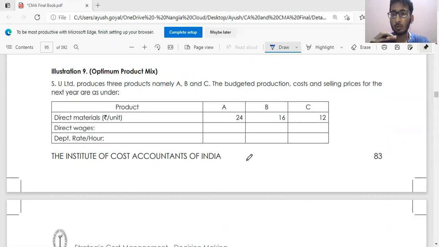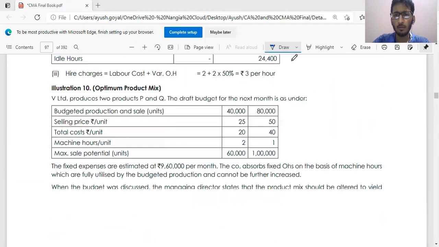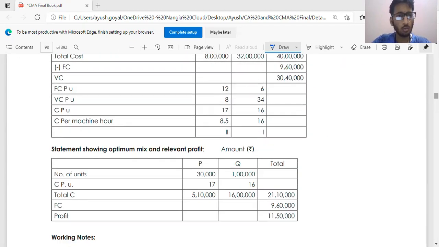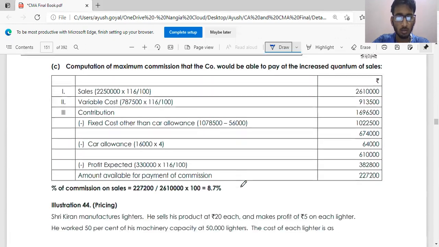We are doing illustrations continuously, as and when we read any concept, to understand that concept we solve the illustrations given in the CA final study material. But in the CMA final study material, I think there are 25 or 35 questions. I'm not so sure, but let's see once.